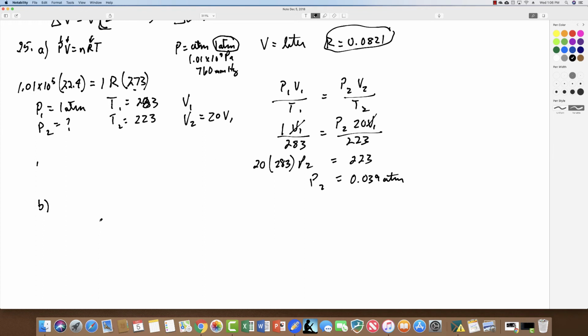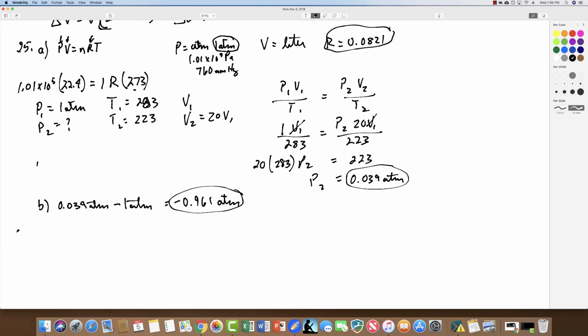So it tells you whatever the pressure is over or under 1 atmosphere. In this case, the pressure is 0.039 atmospheres, and you would subtract 1 atmosphere because that's the way the gauges are set up. So you would end up with a minus 0.961 atmospheres would be the gauge pressure.